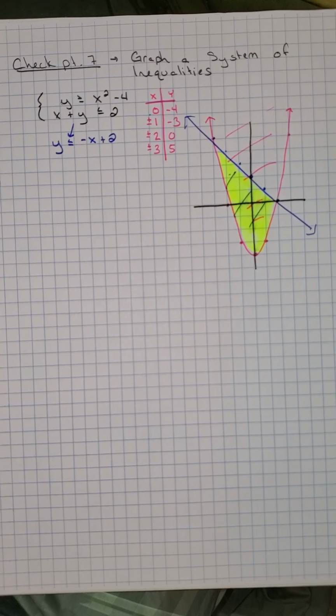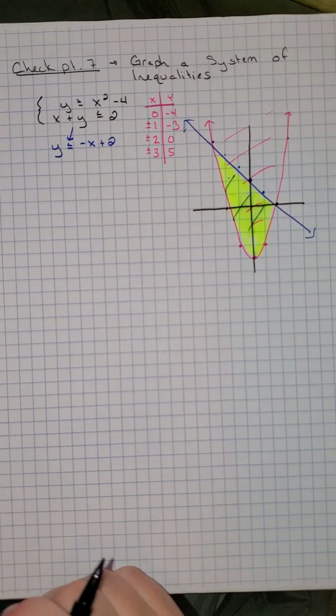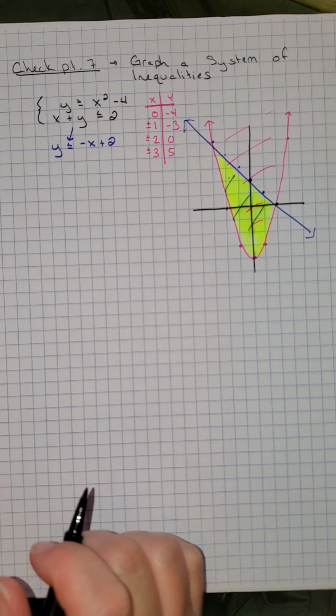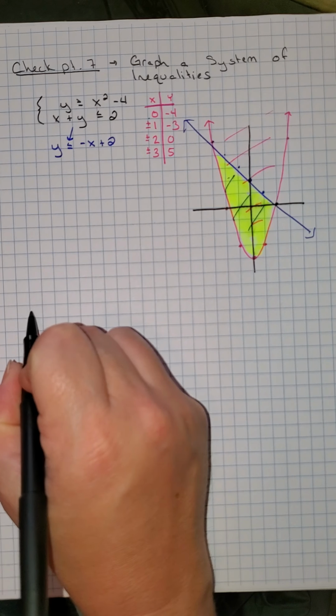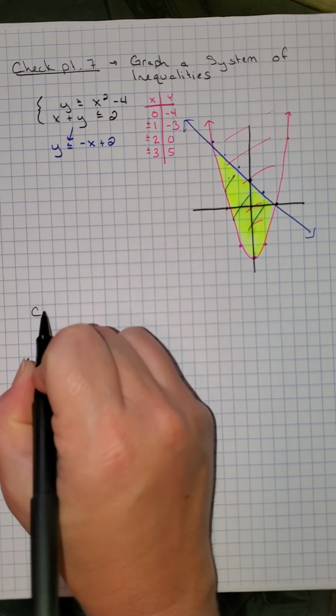Alright, and then one more, checkpoint 8. This one has 3 inequalities. This one kind of gets you ready for 5.6.